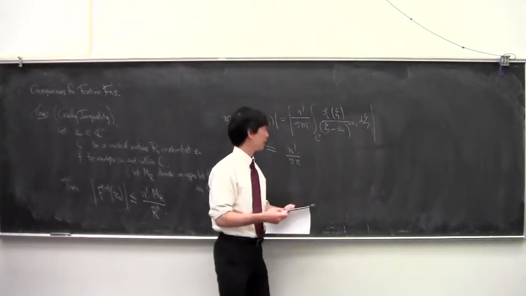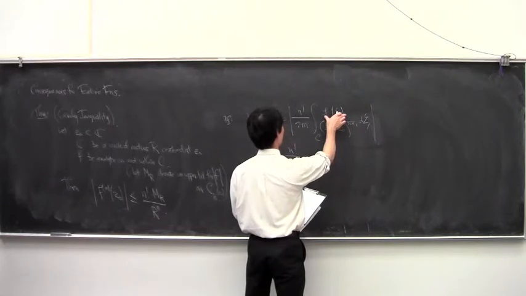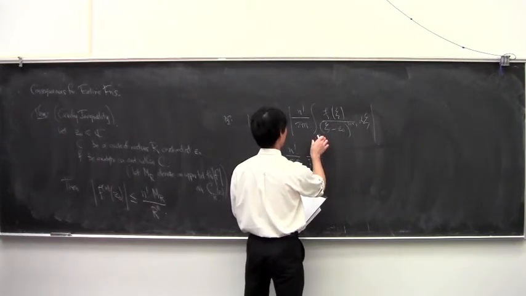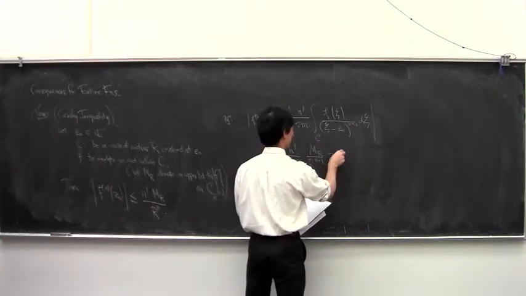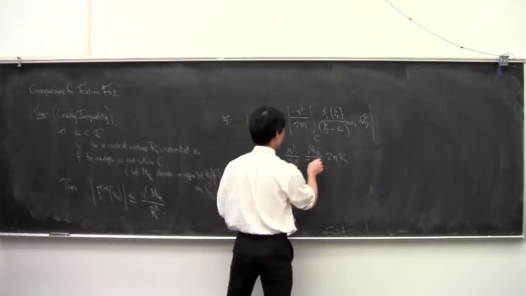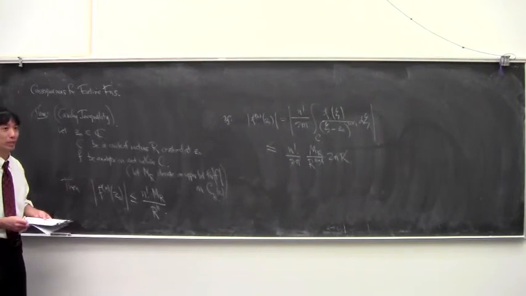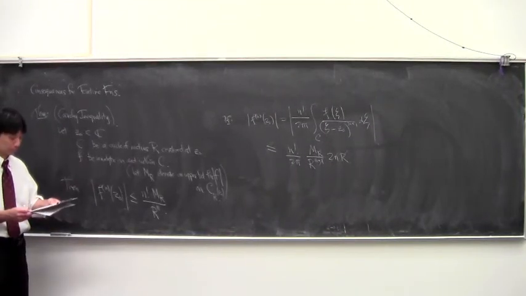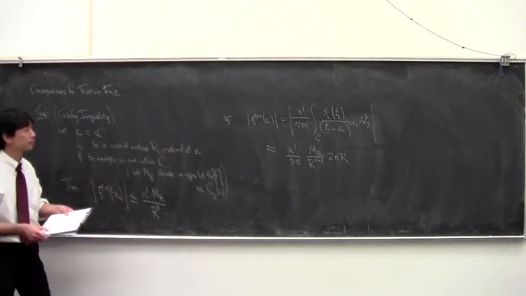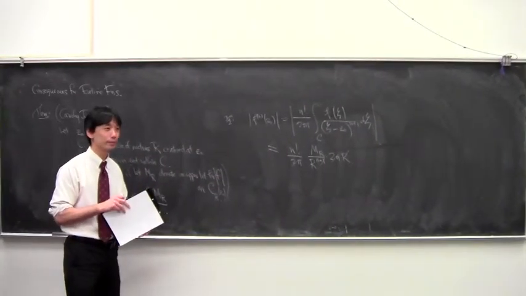That's just r, so we get r to the n plus 1. We have a bound for f on C, that's M sub r. And then we get the arc length of C, which is 2 pi times the radius. Well, that's it. All that's involved is the triangle inequality plus the integral formula for the nth derivative.